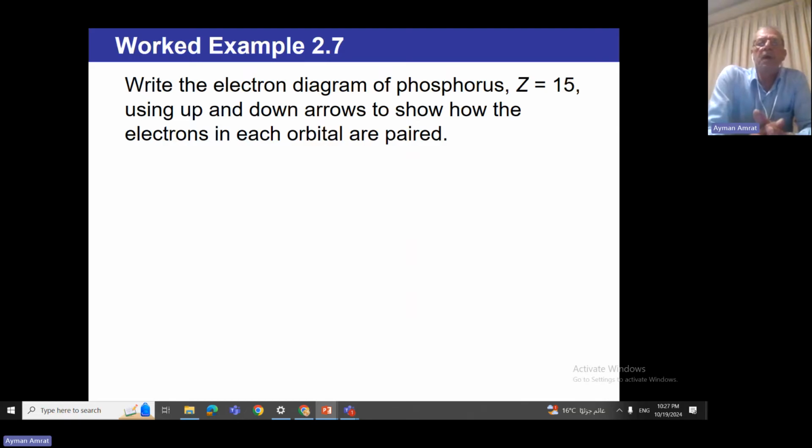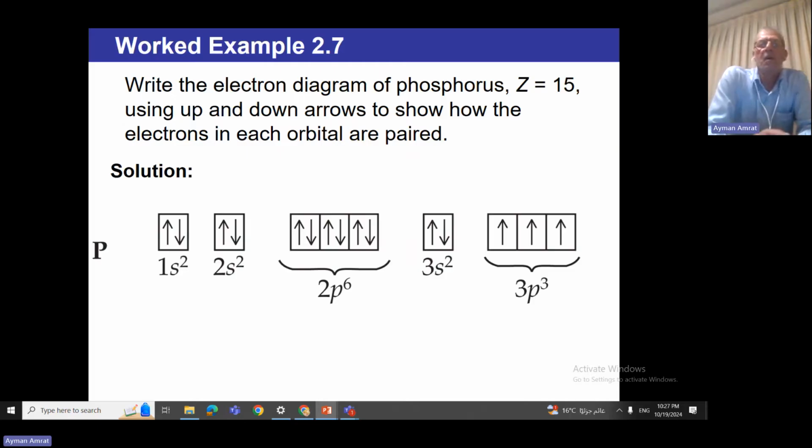Write the electron configuration diagram of phosphorus. See, atomic number 15. Now you can use neon as the noble gas before phosphorus, neon 10. So 5 electrons should be filled after neon: 3s2, 3p3. This is the diagram.